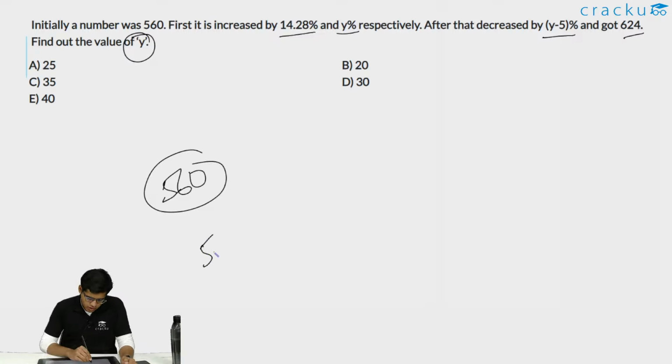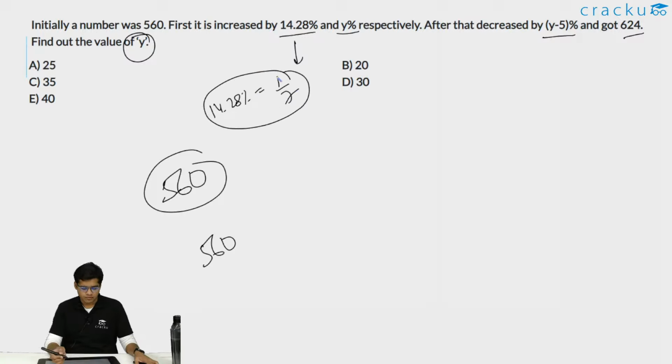Okay, so number is 560. Increase by 14.28%. What does this mean? Now guys, 14.28% means the fraction is 1 by 7, right? This is the meaning of 14.28%. So if it is increased by 14.28%, it means it is 560 into 1 plus 1 by 7, right?